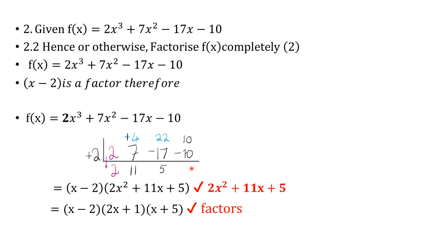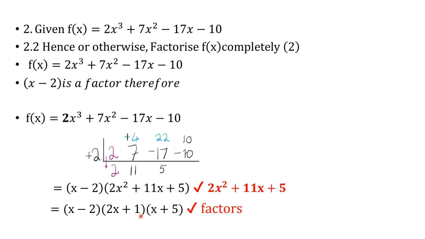So that means I have x minus 2 times 2x squared plus 11x plus 5. If I factorize, 2 is a prime number, so it can only be 2x times x. 5 is also a prime number, so it can only be 5 times 1.